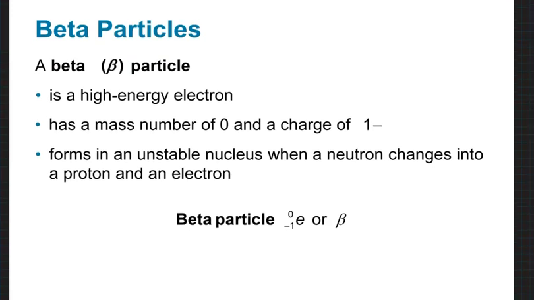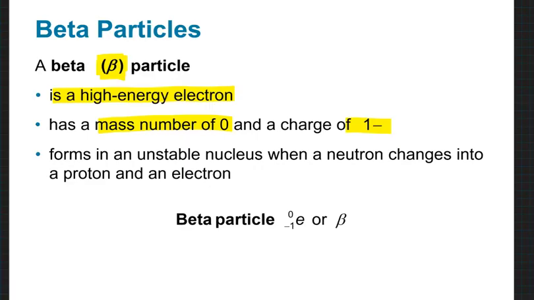Now, beta particles. Beta negative particle is an electron. I want to remind you, electrons do have mass, but it is so small that we do not even take it into consideration when we think about electrons. So we ascribe the mass number of 0 to them and the charge of -1.